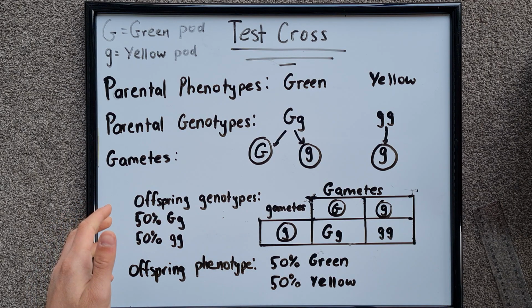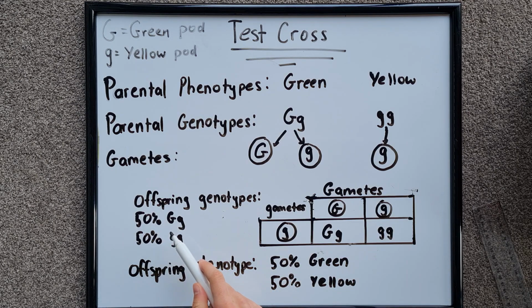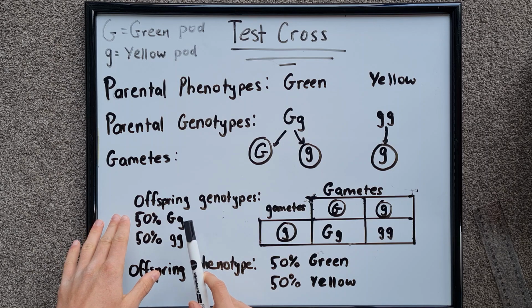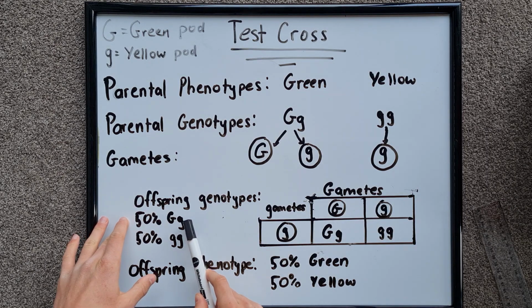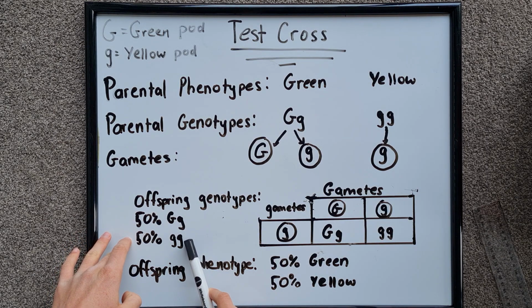Now, it's important to understand that, yes, this is our expected ratio, but each fertilization is completely independent of the previous one. So when each fertilization takes place, there's a 50% chance that it's going to be heterozygous, and there's a 50% chance it's going to be homozygous recessive.